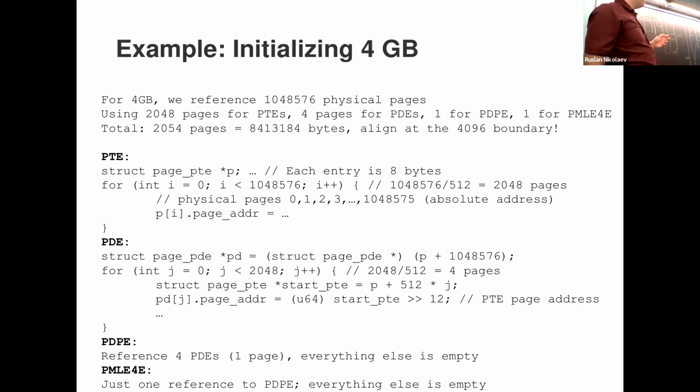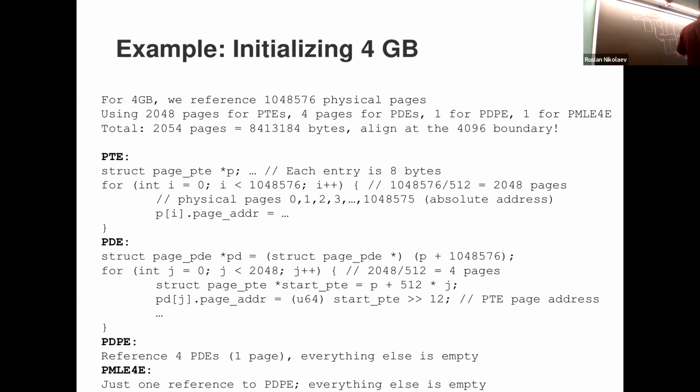So 512 on the first round it's going to be P. In the second iteration, when J is 1, it's going to be P plus 512. That's exactly what we have, P plus 512. Then it's going to be P plus 1024, right?